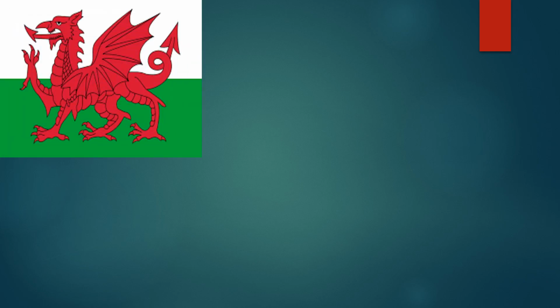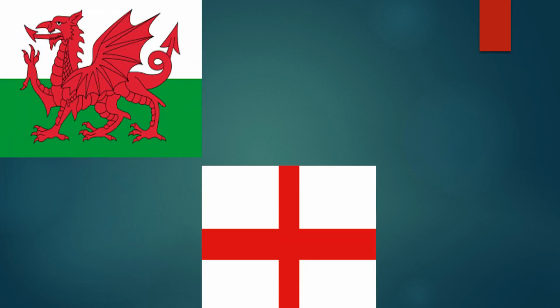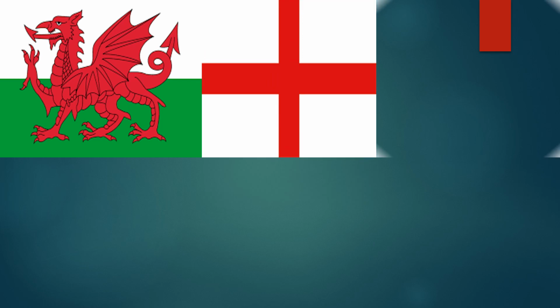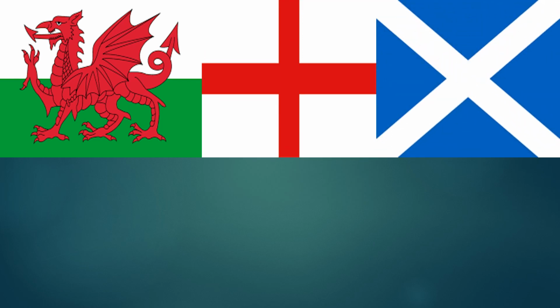Can you guess what flag is this? How about this? Or this? So what is your answer? The answers are Wales, England, and Scotland. The people living in Wales share the same culture, tradition, and language, as do those in England and Scotland.